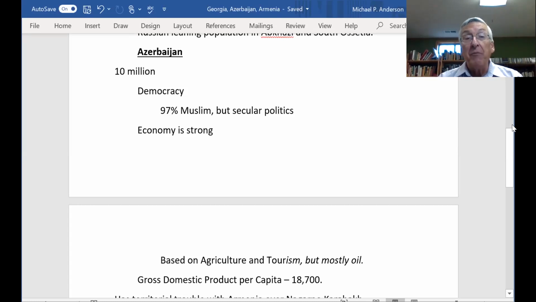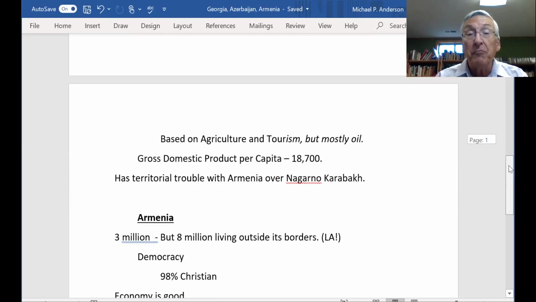There's about 10 million of them. Again, a democracy, mostly Muslim. However, they do not mix their religion with their politics. Politics are secular. It's like here in the United States. Religion doesn't figure in too much. And with all that oil, their economy is doing very well. But it's not just their economy. They actually have got a real good agricultural base going.